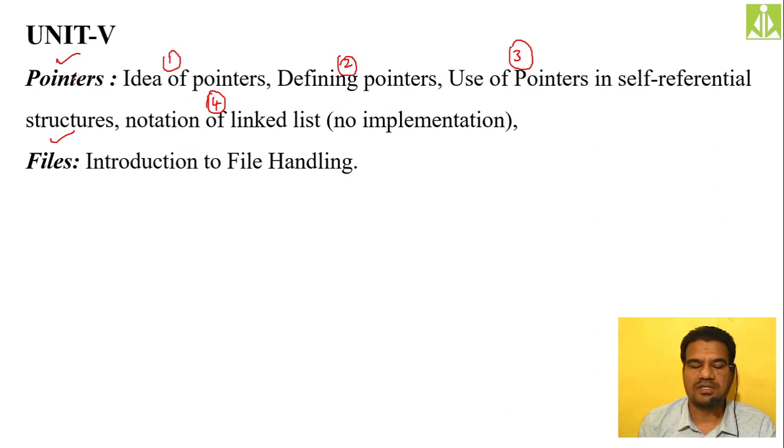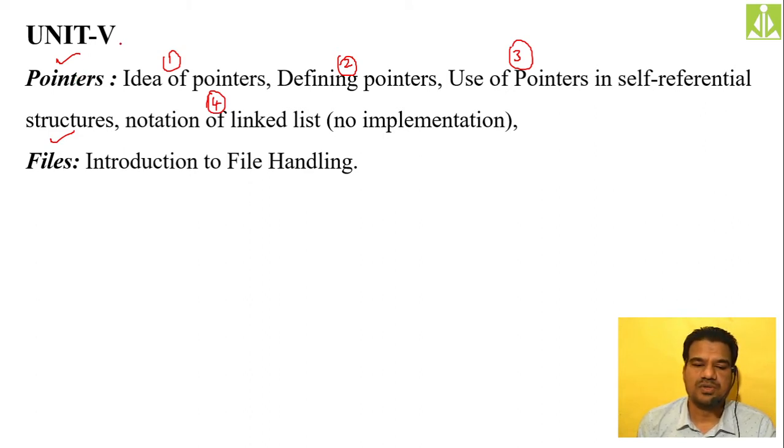After discussing what a pointer is and how to do the declaration and definition, we'll be ready for the discussion of your fourth unit. So we'll go accordingly. Before going to your fourth unit, we'll discuss this pointers concept from your fifth unit, and we'll conclude it over here so that we'll be ready for the fourth unit.